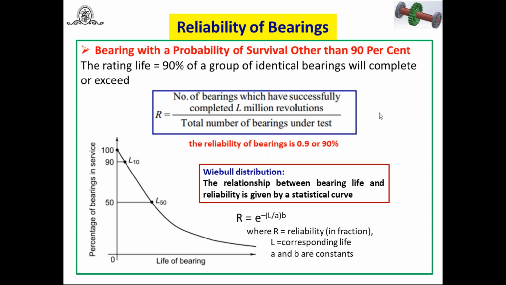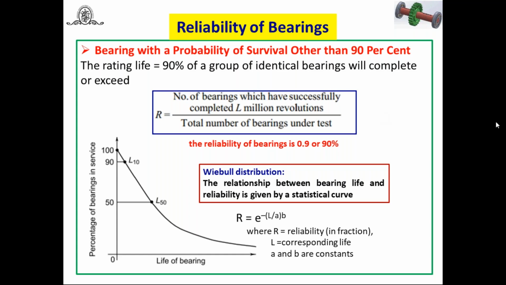What do you mean by L10 life here? 90% of the group from the same identical bearing group can sustain without fatigue failure, that is, before the first crack or sign of failure occurs. 90% of the bearings are going to sustain, and that is L10 life.